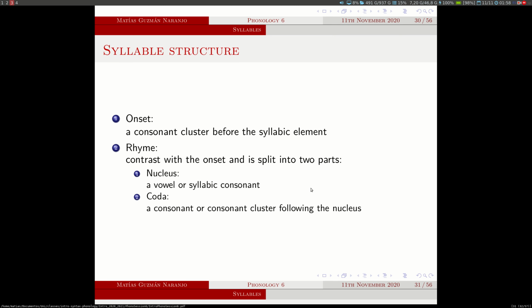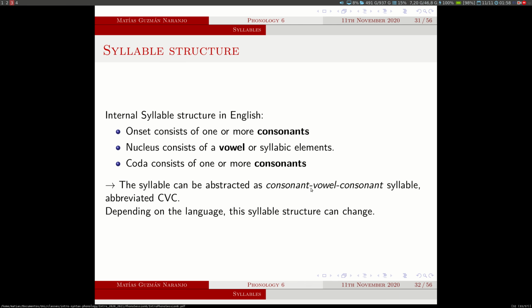Now, the onset of a syllable must be a consonant or a consonant cluster, and the rhyme contains a nucleus and a coda, and the nucleus must be a syllabic element, mostly a vowel or a syllabic consonant, and the coda must be a consonant or consonant cluster which follows the nucleus.